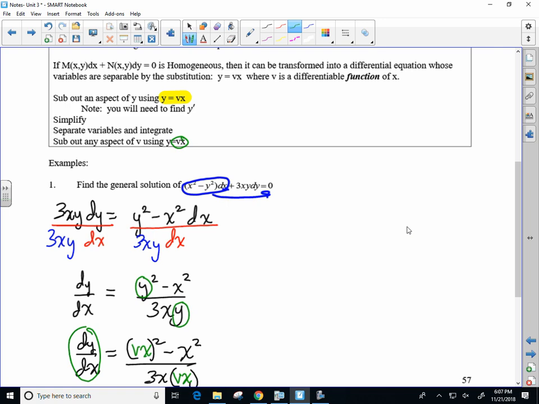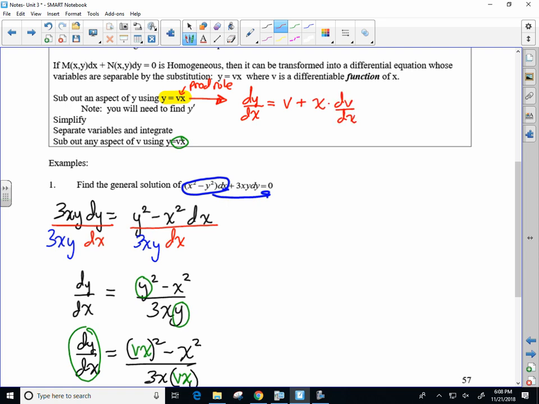All right, and speaking of that, if we were to take a look at this guy over here, y equals vx, I can take the derivative of that in terms of x. Dy dx would be equal to, this would be a product rule, the first function times the derivative of the second, derivative of x is 1, plus the second function, x, times the derivative of the first, which would be dv dx.